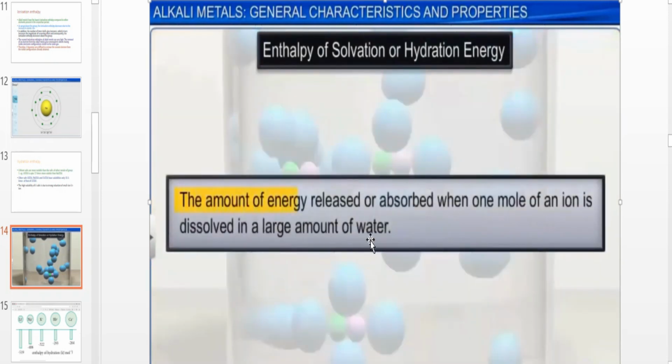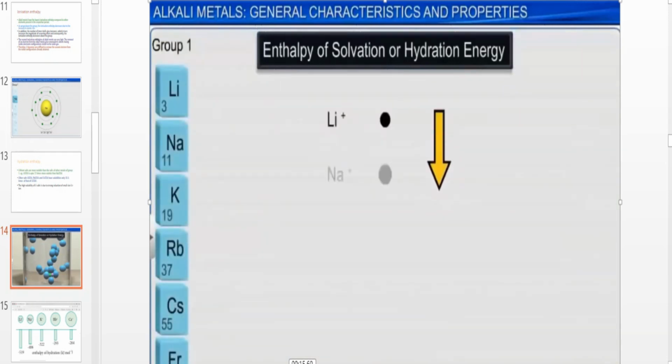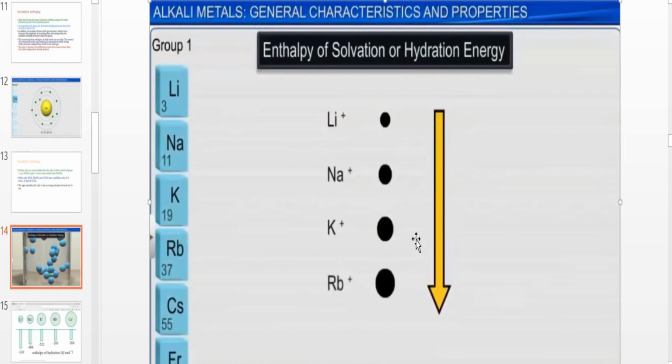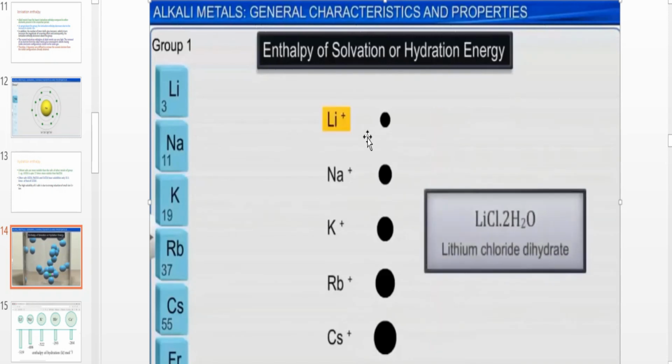The amount of energy released or absorbed when 1 mole of an ion is dissolved in a large amount of water is called enthalpy of solvation or hydration enthalpy. As we move down the group, the hydration energy decreases from top to bottom. Lithium chloride dihydrate has more hydration energy. That means it can easily dissolve in water because of its smaller ions.